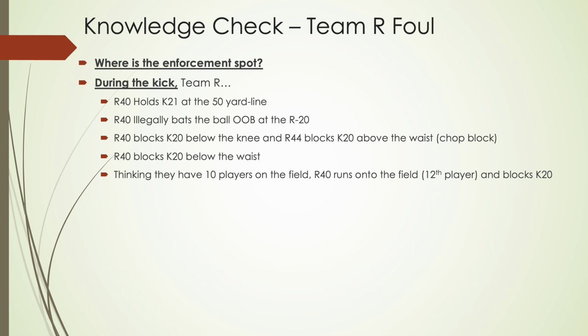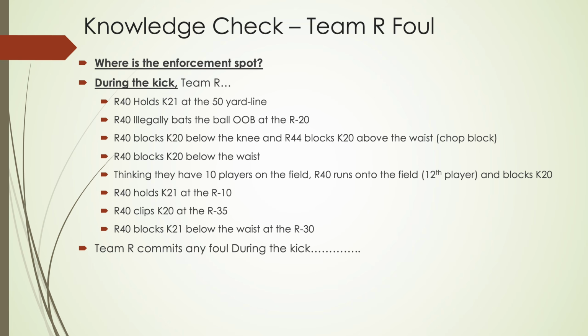R40 runs onto the field as the 12th player and blocks K20. R40 holds K21 at the R10. R40 clips K20 at the R35. R40 blocks K21 below the waist at the R30. When Team R commits any foul during the kick, it is always previous spot enforcement with a re-kick.